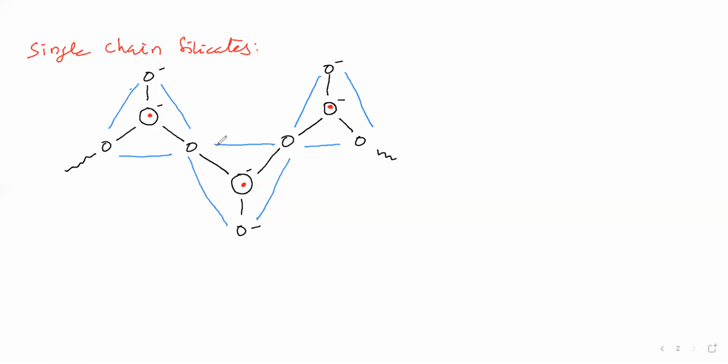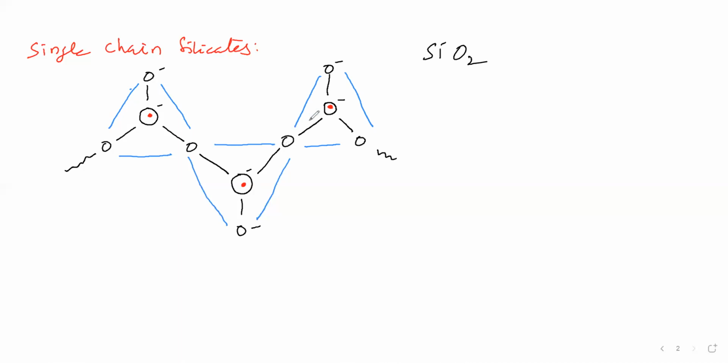In this single chain silicate, what is the simplest formula that we will see? Now we will take this SiO4 unit. This O minus gives full share to this unit. This rear side O also gives full share to this unit. Therefore, 2. This O gives half share to this SiO4 unit and another half share to the neighboring SiO4 unit.